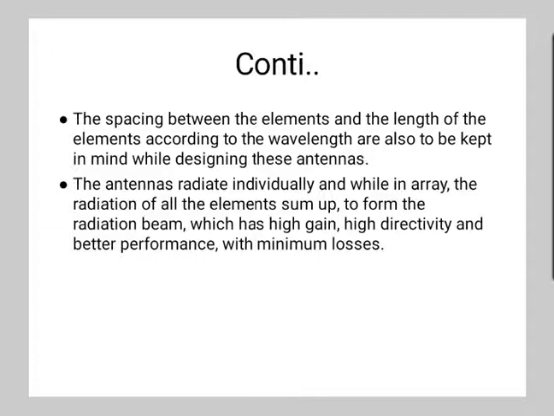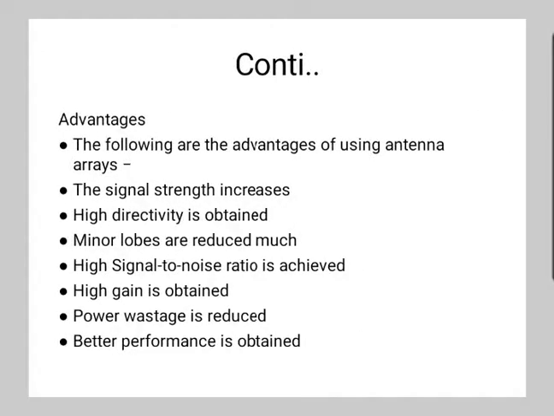So an antenna array is often called a phased array, and it is a set of two or more antennas. The signals from the antennas are combined or processed in order to achieve improved performance over that of a single antenna.